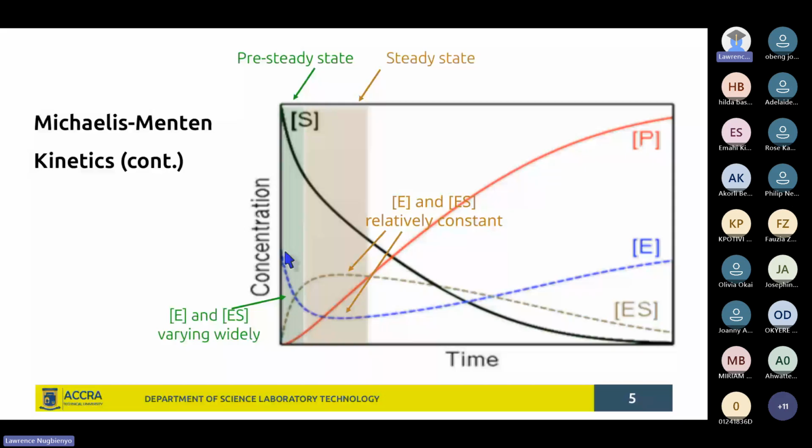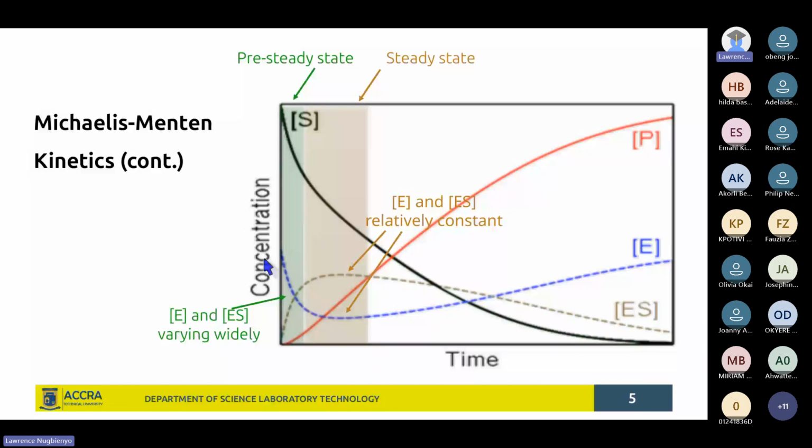Then you see that the enzyme concentration is reducing. I mean, reducing in the sense that some of the enzyme molecules will be binding to substrate to form the enzyme substrate complex.